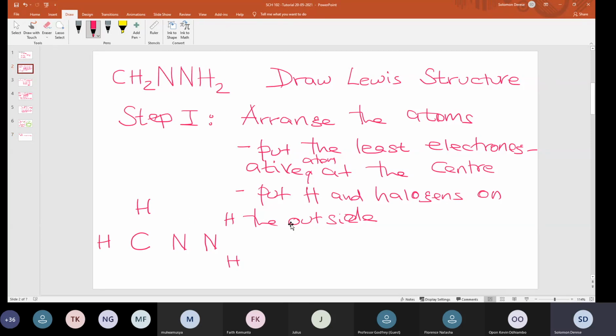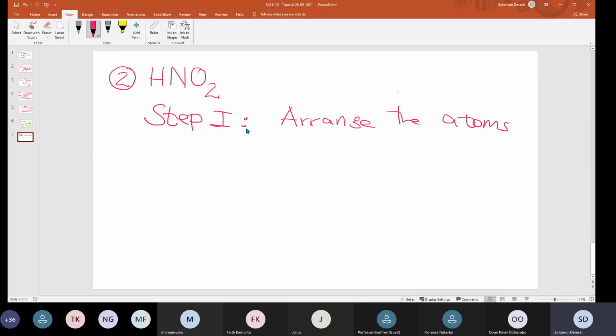It would be a wrong structure. So I don't want you to assume this to be an easy step. It's the most important step because the rest of the process will be based on that. So you must arrange the atoms.